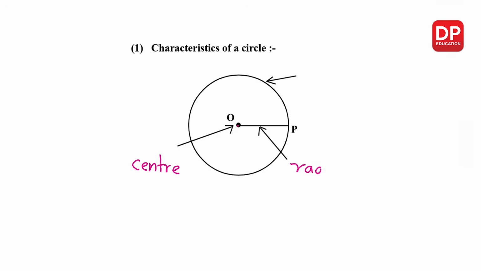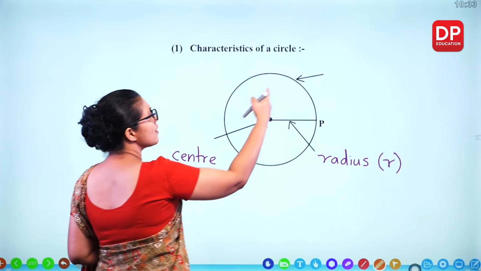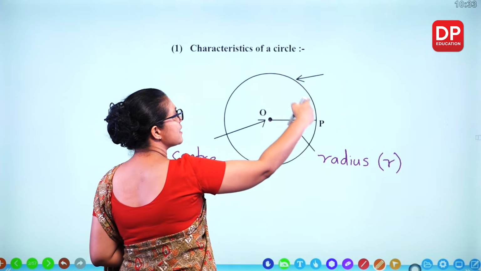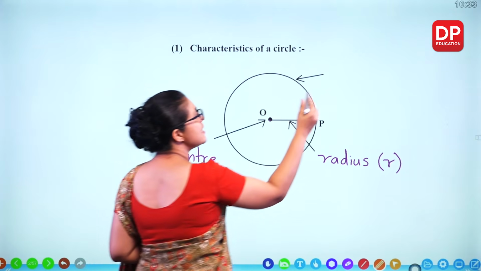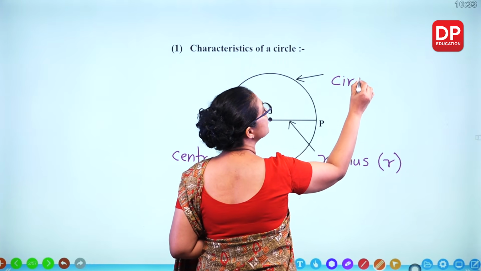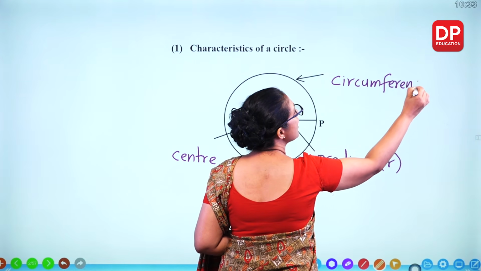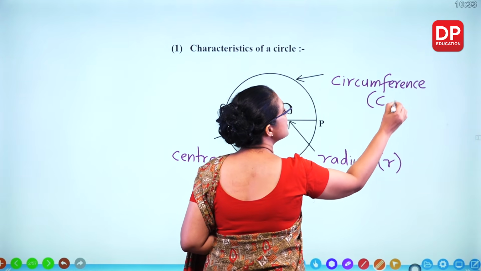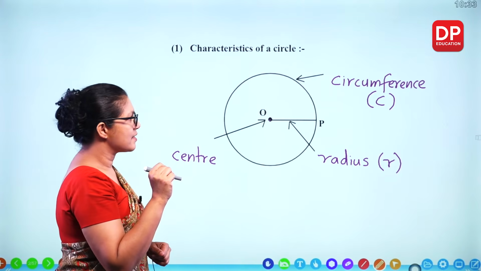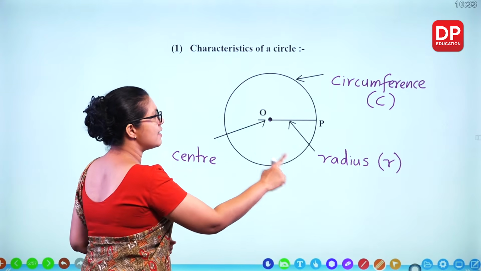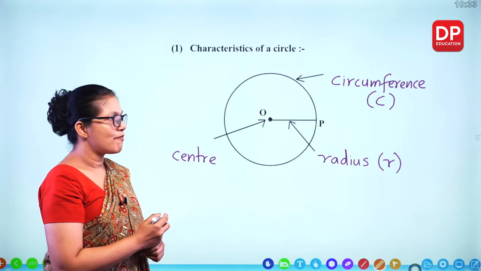Radius. We call it radius. What's the letter we can use? Simple R. The outer length we can call circumference, and we can use the letter C for circumference. So center, radius and circumference.